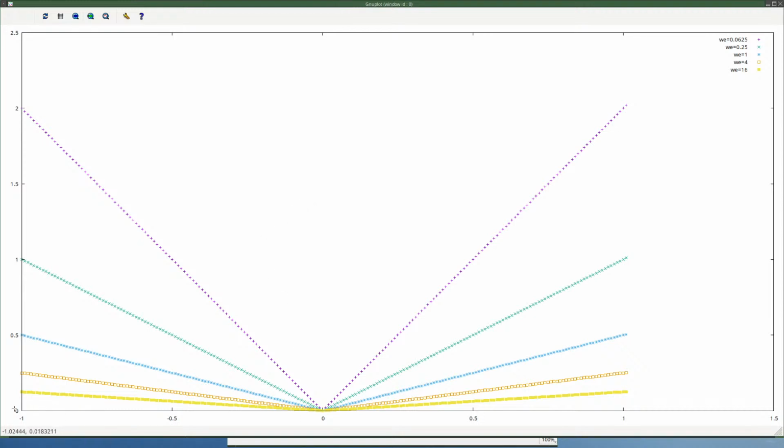Let's first look at the number itself. 2 corresponds with 1/16, and 1 corresponds with a quarter, and a half corresponds with 1. So that's kind of the square root of 1 over WE.